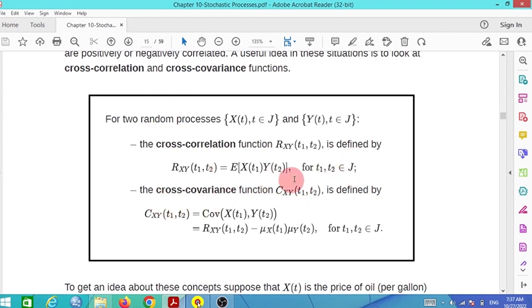This is the definition of the cross correlation function.